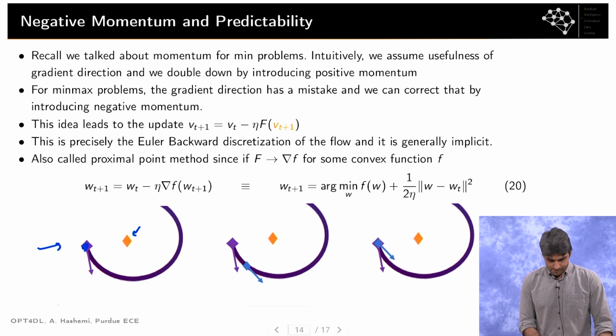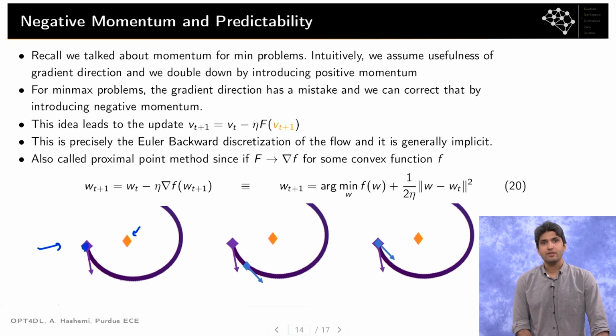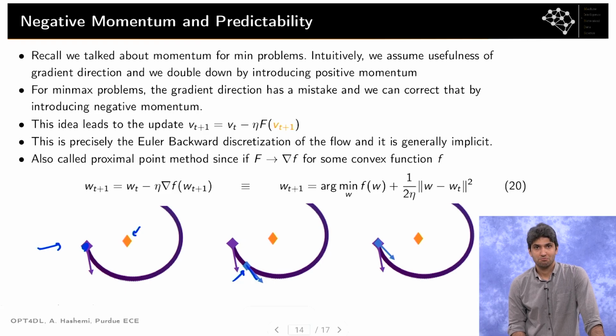Now this is the gradient at the initialization. Let's look at the direction of the gradient in the future. The direction of the gradient in the future is again here. If I were to use this future gradient, the blue one, at this point, I'm not going to converge anymore. So I'm not going to find anything useful.